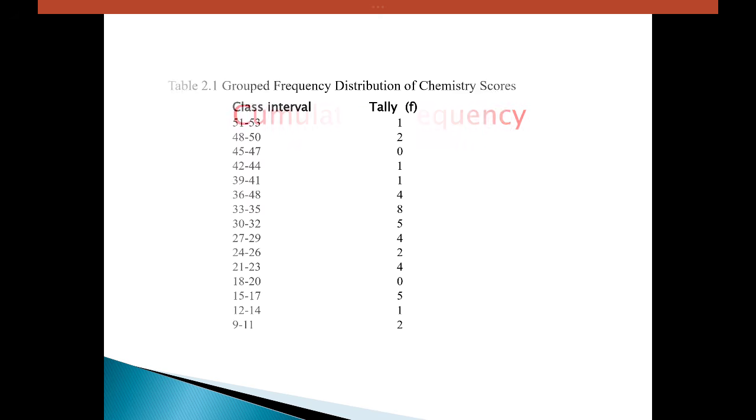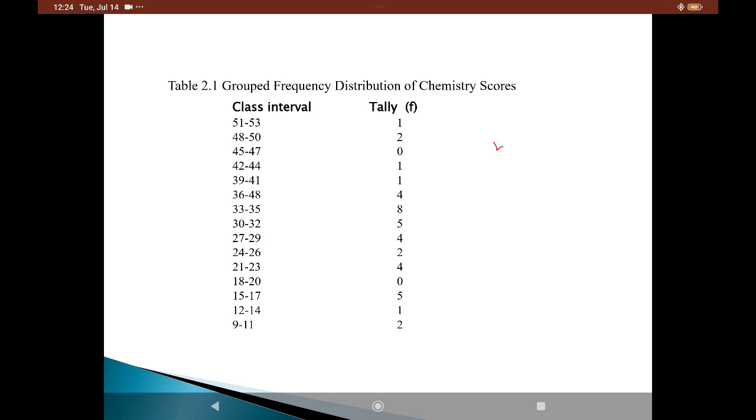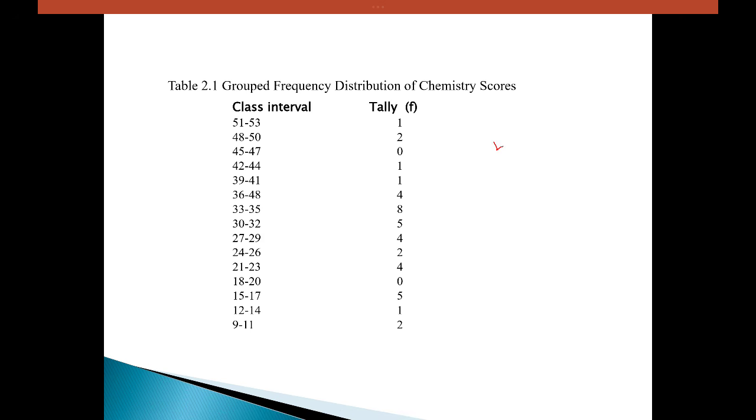Okay, cumulative frequency. How do we create cumulative frequency? You can create cumulative frequency by tallying again. You have your less than cumulative frequency and your greater than cumulative frequency.